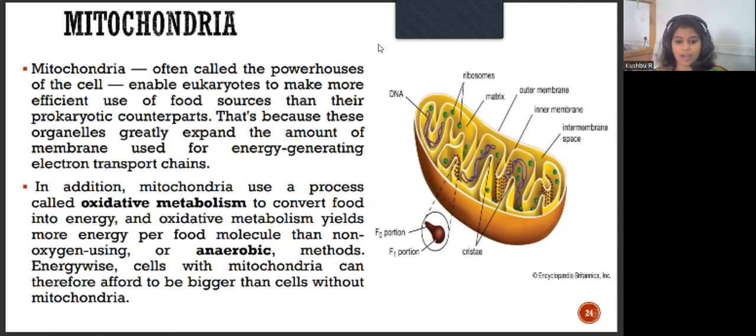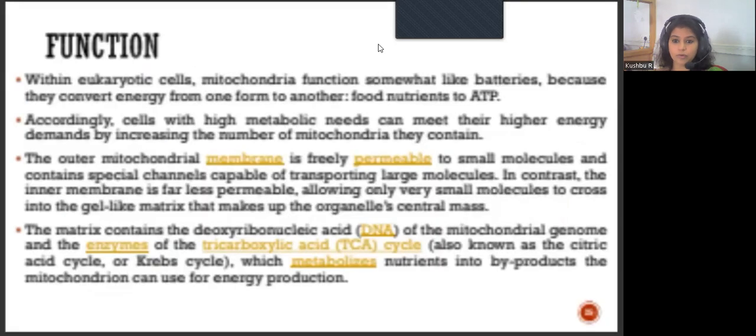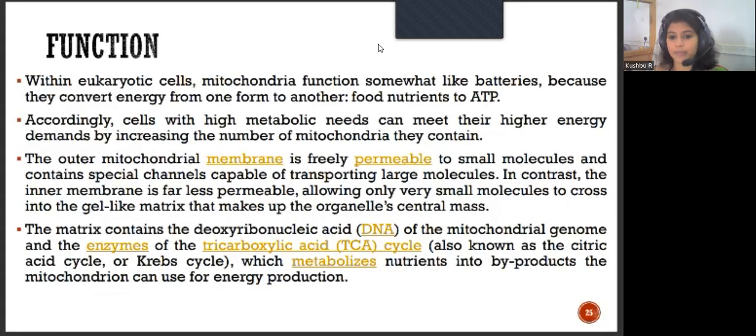Without mitochondria, the cell cannot get ATP in the required amount as per its requirement.